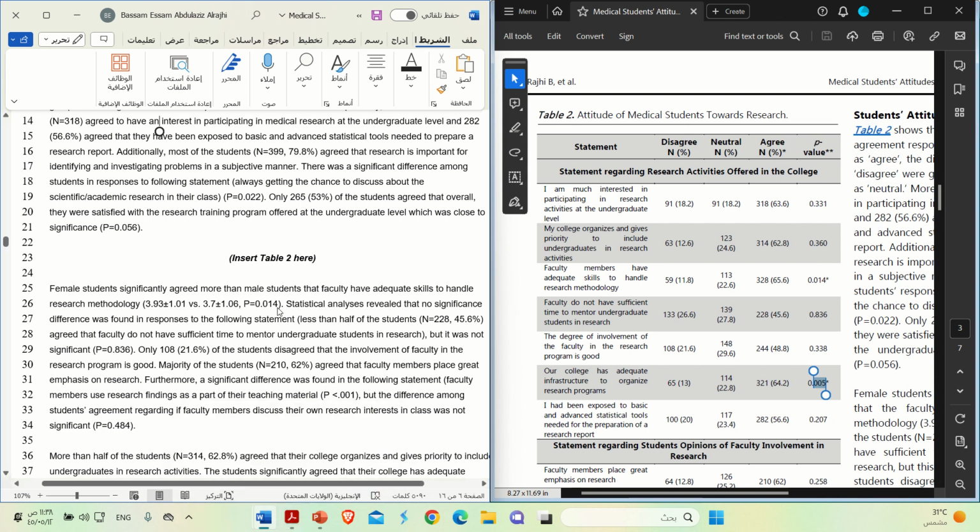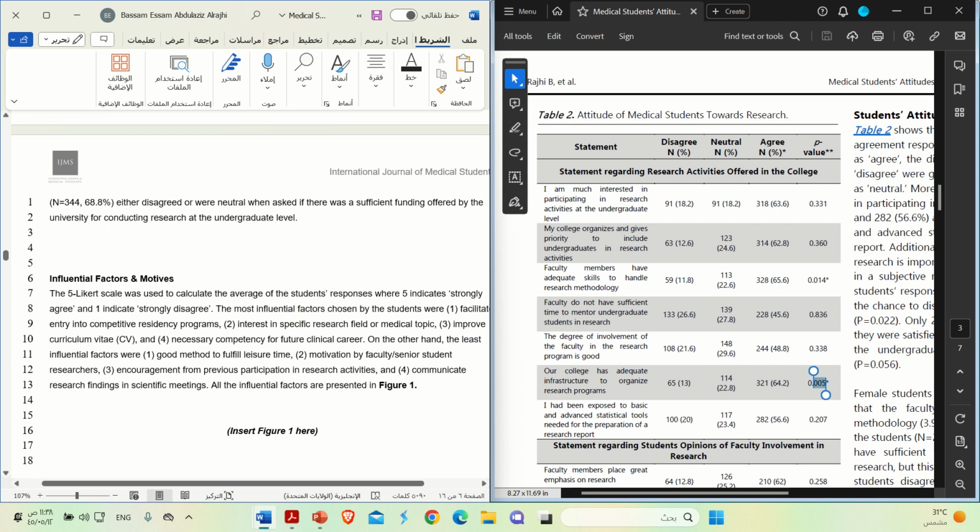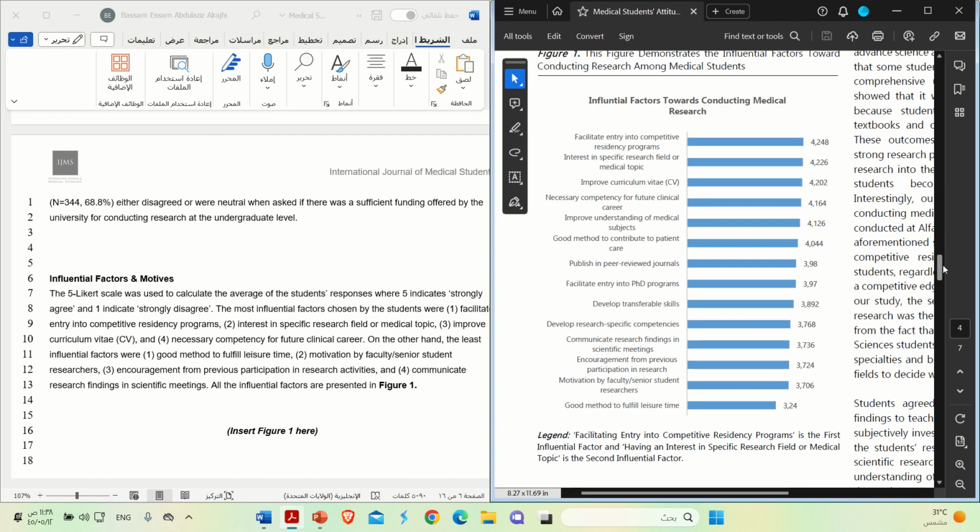So again, in the last paragraph, as you can see here, it was a different section. So if you go to this figure, instead of mentioning everything, I try to mention the most influential factors, the top 3, and the least influential factors, the least 3. As you can see, then I mentioned all the factors represented in figure 1.